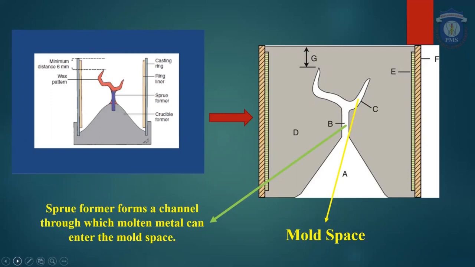So the wax pattern defines a space within the investment material, called the mold space, into which the molten metal will be forced using a casting machine. The sprue former forms a channel through which the molten metal can enter the mold space. So that is what you mean by pattern wax.